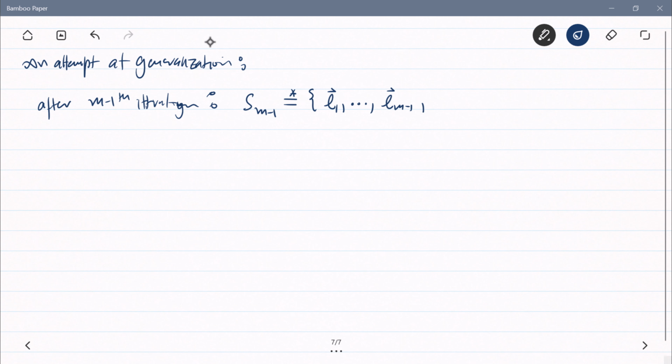Then comes the S vectors, that is S sub m, dot dot dot up to S sub n.